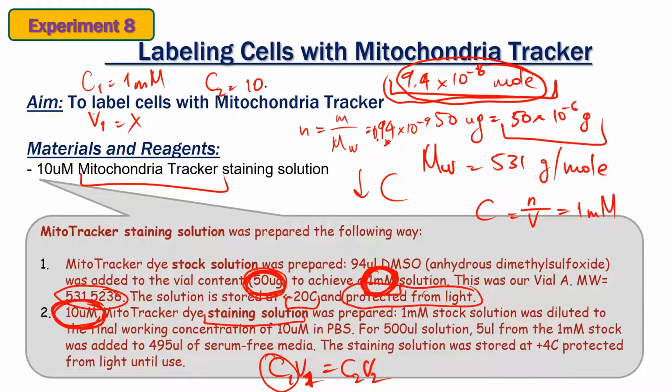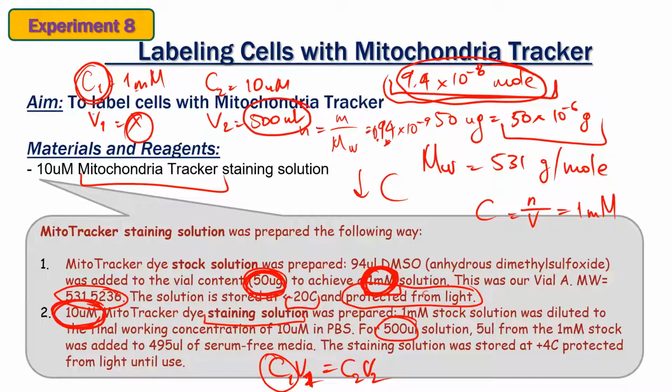C2 would be 10 micromolar, so they are different. And V2 would be equal to 500 microliters. After the calculations, you obtain 5 microliters of your stock solution.